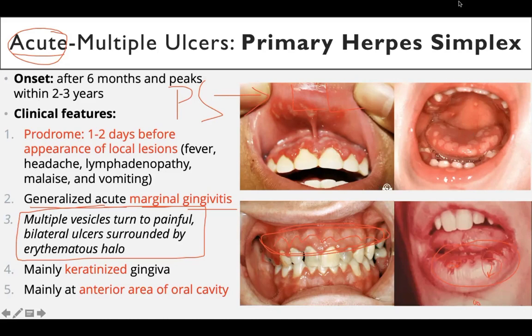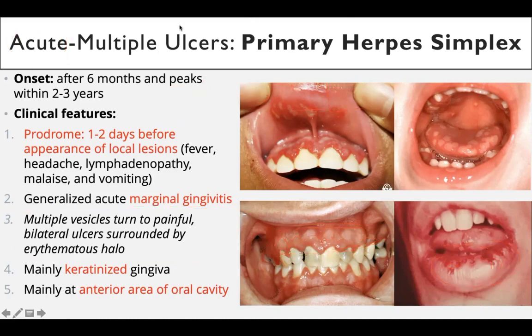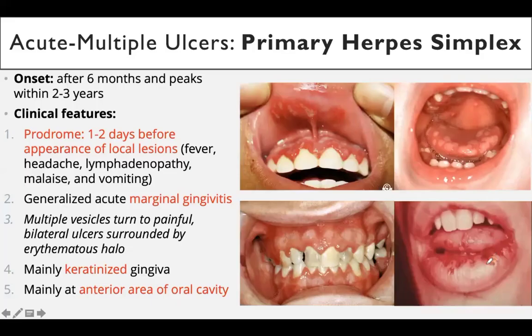Let me just clear everything and then focus here. It's like bilateral ulcers surrounded by a red halo, red margins, red surrounding, right?